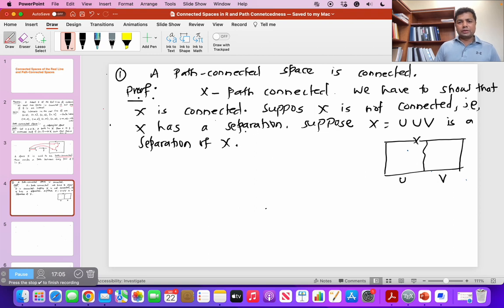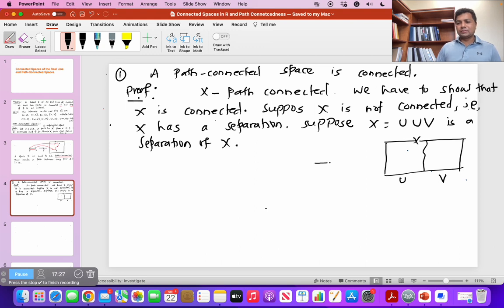And also, if you look at the assumption, we are assuming X is path connected. If X is path connected, then we can join any 2 points in X by a path. That means for every pair of points in X, there exists a path.